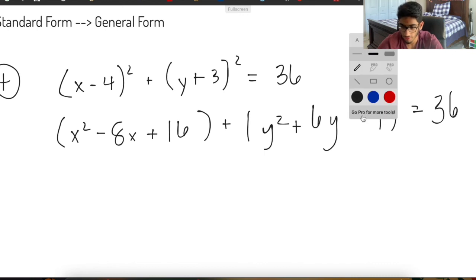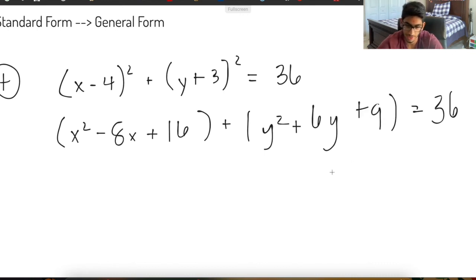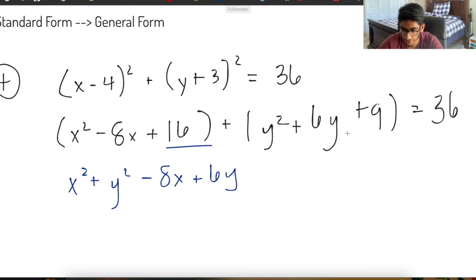Alright, so we have all our terms. Now we just have to write it in the correct way. And so we can just rearrange it. x squared plus y squared minus 8x plus 6y. And we can combine our like terms right here. Plus 25 equals 36.